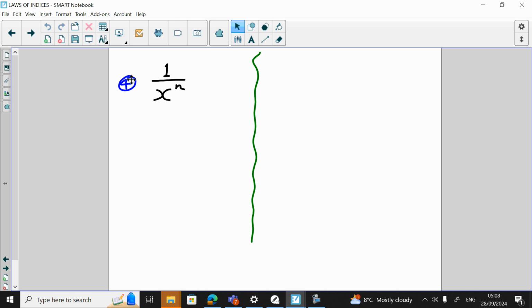Sometimes the base x is on the bottom of a fraction, and in certain topics they don't like that, so they do something else. So it's 1 over x then. What they do is they bring it up and they'll have it as x to the minus 1. I just want to point out here that really the 1 hasn't disappeared.